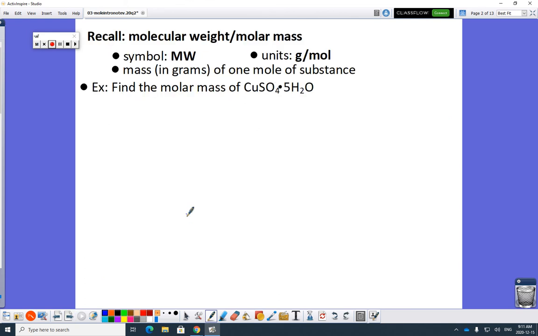So the person in the video talked about 1 mole of water being 18.01 grams per mole. That is why the periodic table and the molar mass and molecular weight, that's why I kind of was like, okay, we're going to do this over and over and over again. You guys can watch the video, no big deal, because you need that number to basically do every single calculation you're going to do.